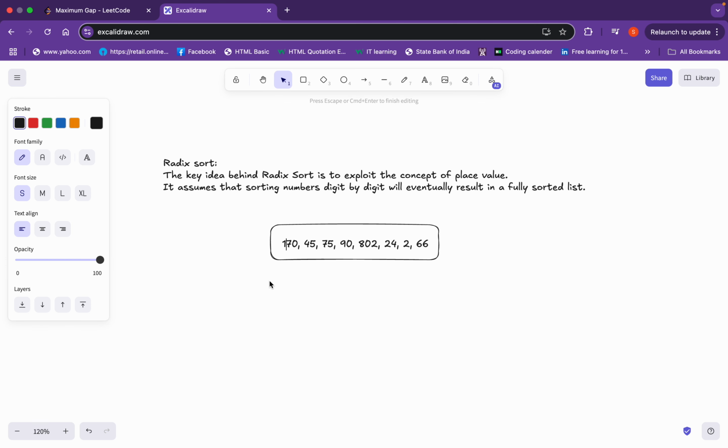Okay. After knowing this and knowing this array, we need to deploy Radix Sort. How would we do that? So the first and most important step is to know the highest most significant bit.